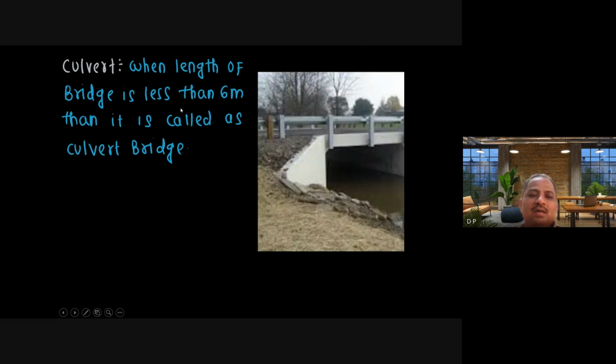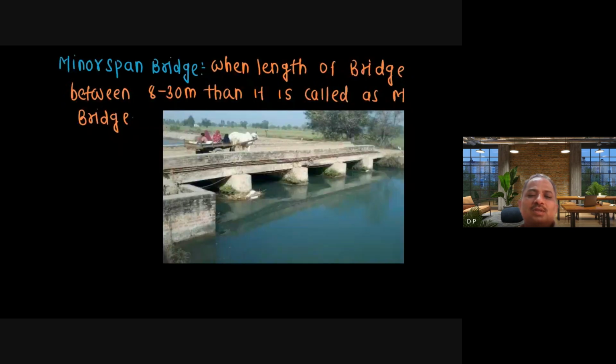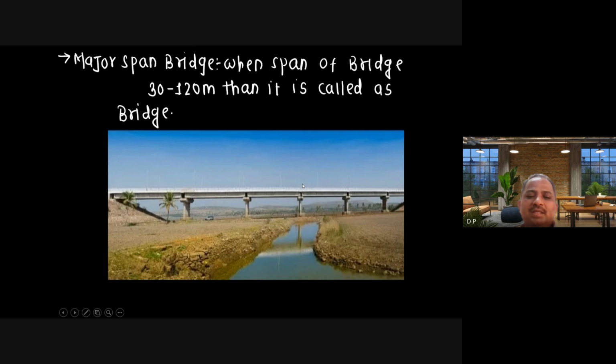When the length of the bridge is less than 6 meters, then it is called a culvert. You can see such small culverts on small streams, on smaller roads. And if there are more spans and the width is 8 to 30 meters, then it will be a minor span bridge.